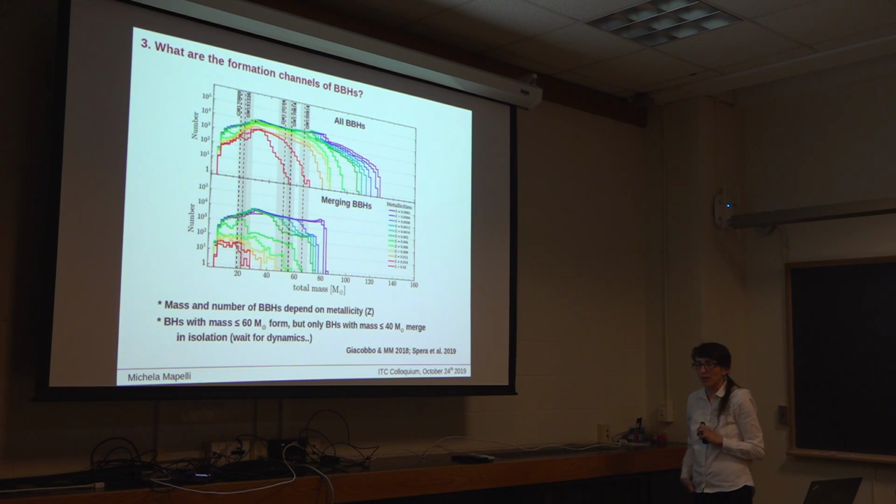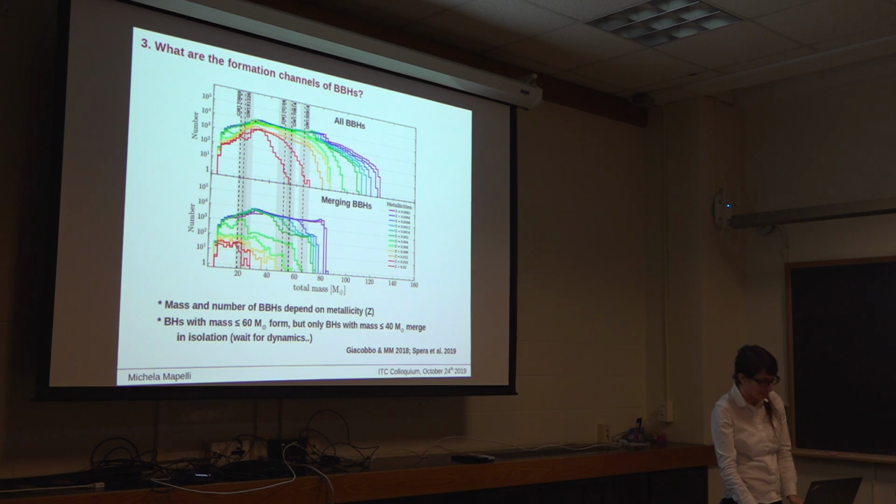And this comes from a quite subtle interplay between single stellar evolution and binary evolution. And please keep this in mind for later when we will discuss the impact of dynamics.